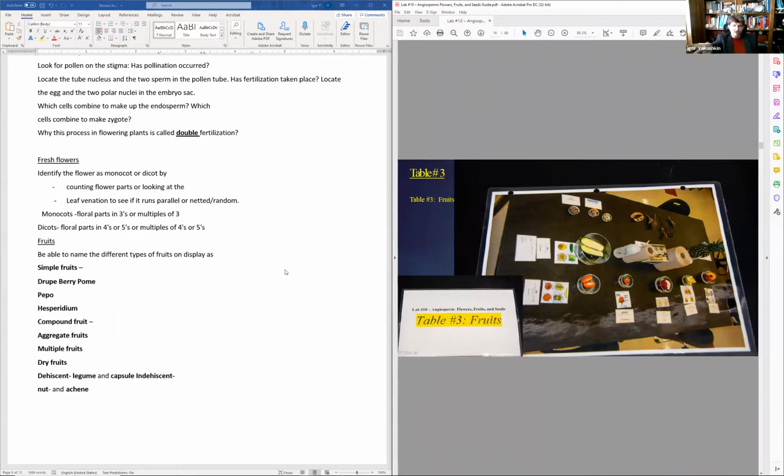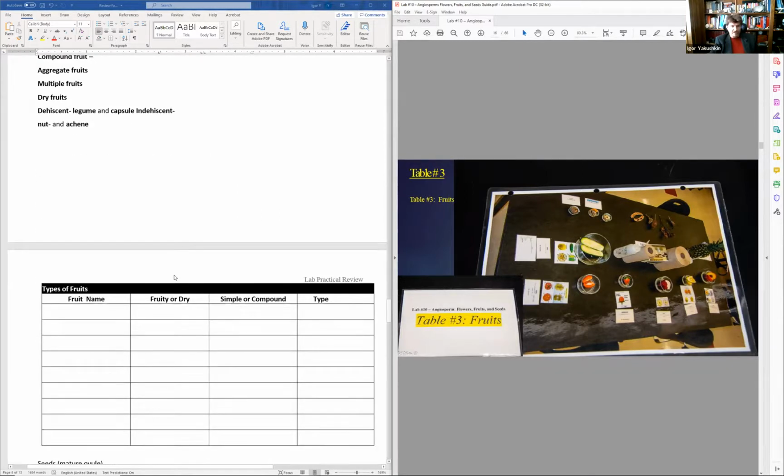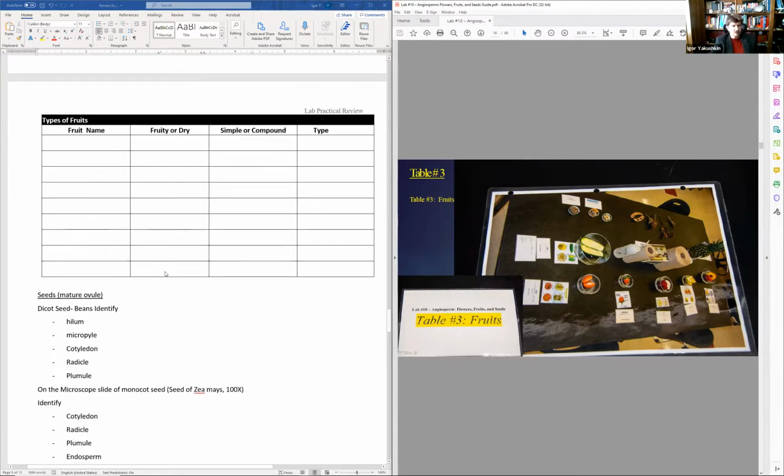Simple fruit is the majority, aggregate fruit, strawberries, raspberries, blackberries, and the multiple fruit is the pineapple. On a dry fruit, dehiscent will open up, releasing the seed, indehiscent stays closed.